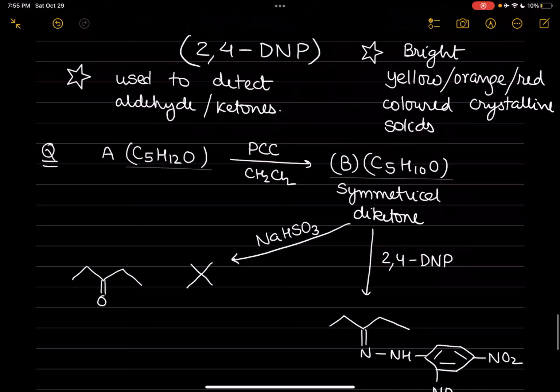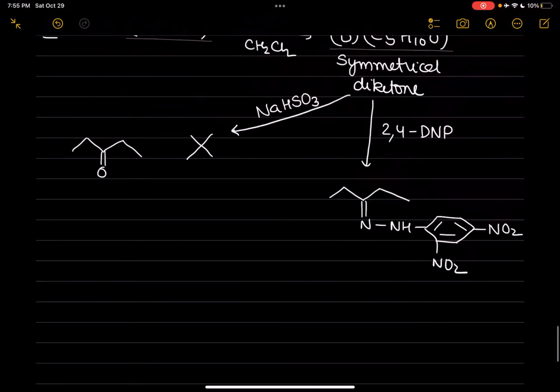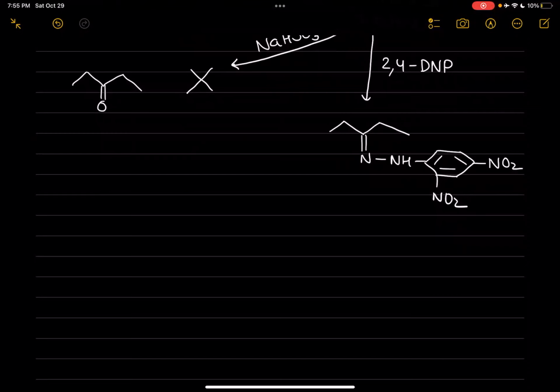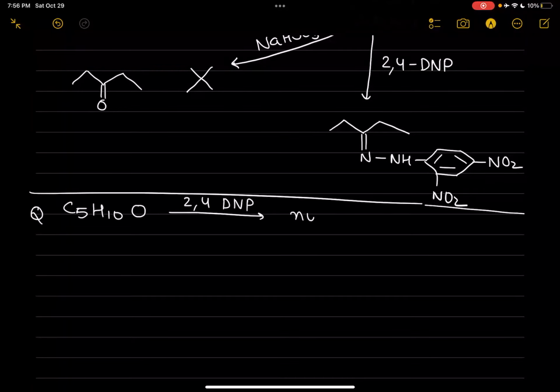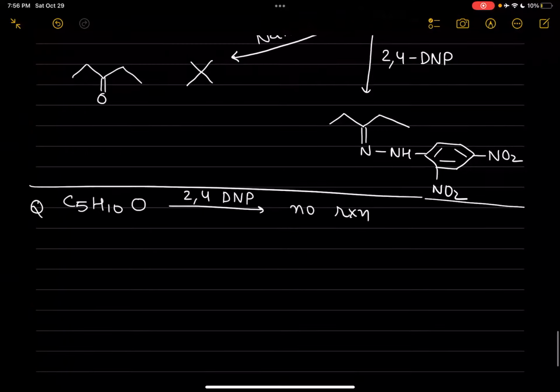And suppose it is not an aldehyde, suppose a compound is there, it doesn't form any bright colored compound.